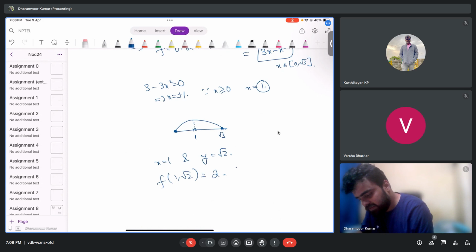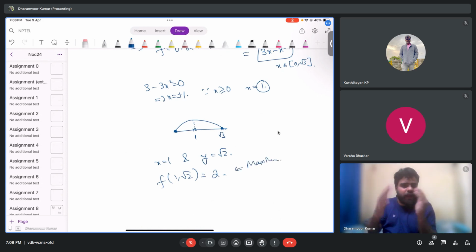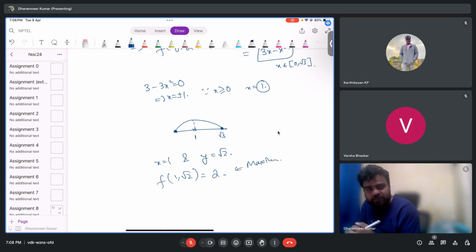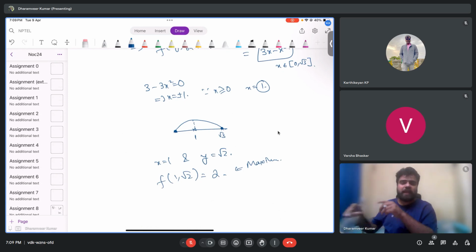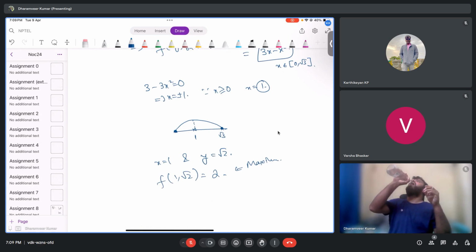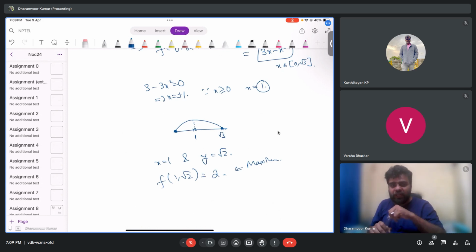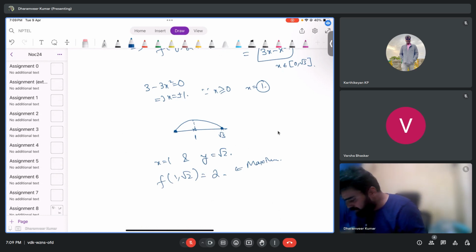This is the maximum. You have to think like this, plot and do something like this, because it's not a simple thing to just apply maxima and minima, like the second Hessian test. We're not dealing with the open set anymore. Okay?